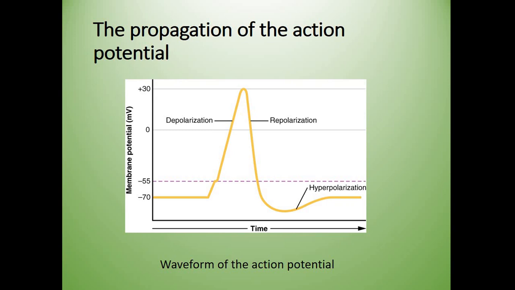So this is observed in this graphical representation. We can find that the membrane potential on the y-axis and the time on the x-axis show the whole picture of the activity. Initially it is at the resting condition, which is minus 70 millivolts.